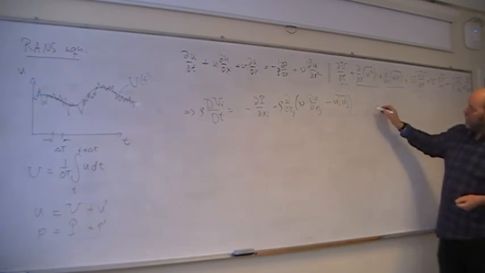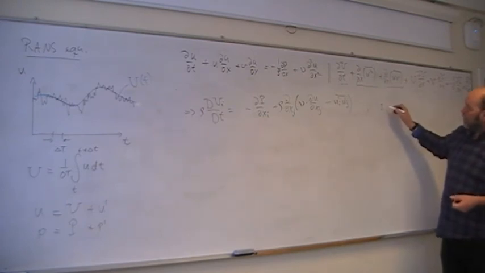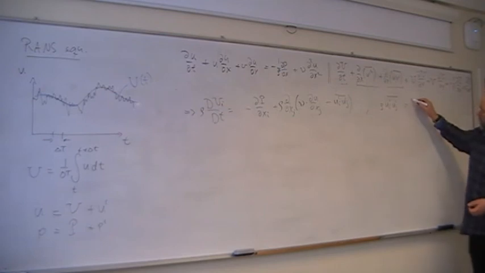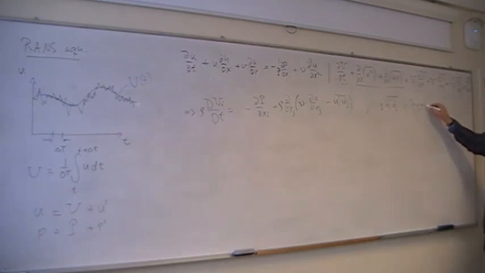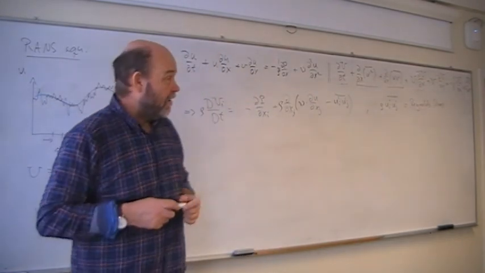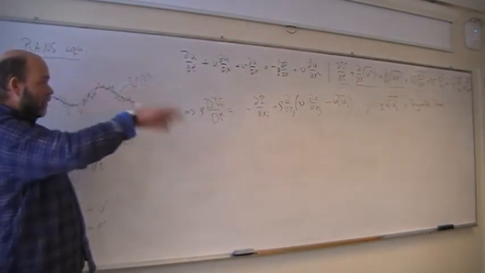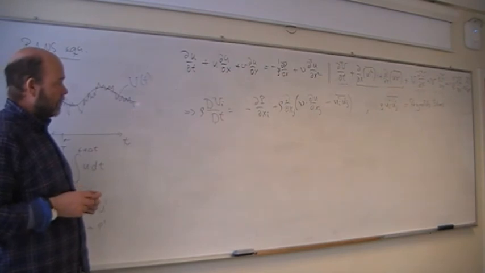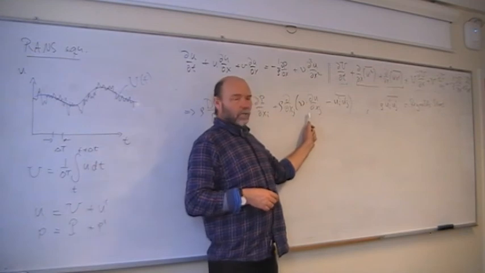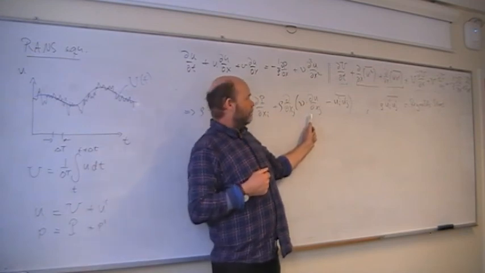So the rho ui fluct uj fluct time averaged is what we call a Reynolds stress. And of course it's not a stress like a viscous stress or shear stress or whatever. It's an acceleration. We just throw it on the other side because we are going to join these terms anyway when we talk about turbulence modeling normally.